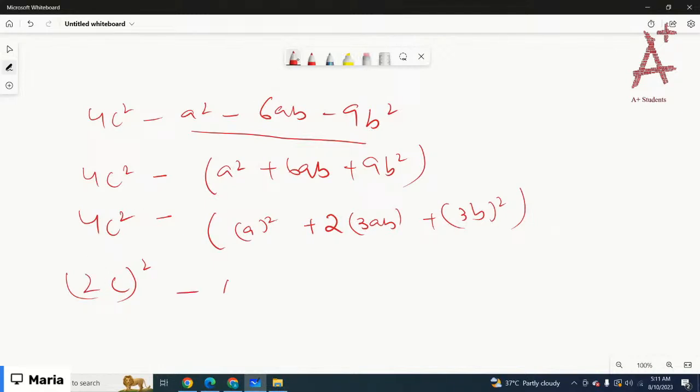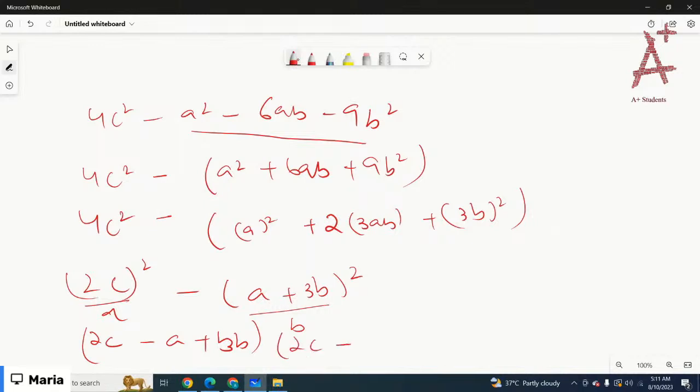Just rearrange them, right? And this one is a plus 3b whole square. Just consider it a and this complete as b, so it would be a minus b and a plus b. Here you have negative then, right?